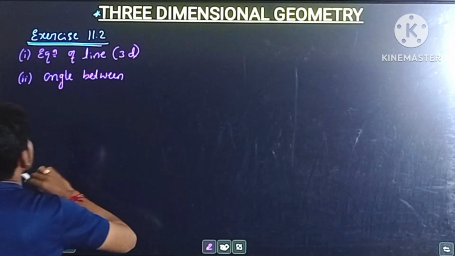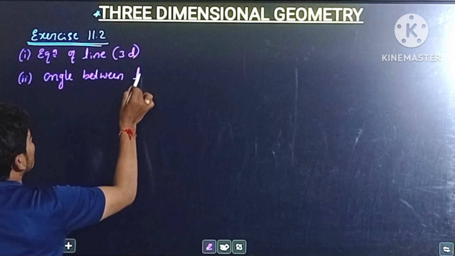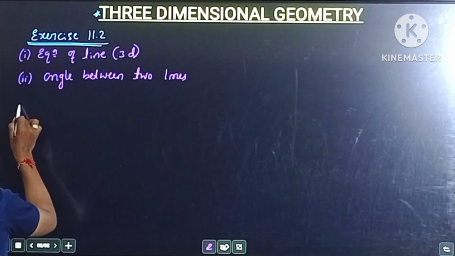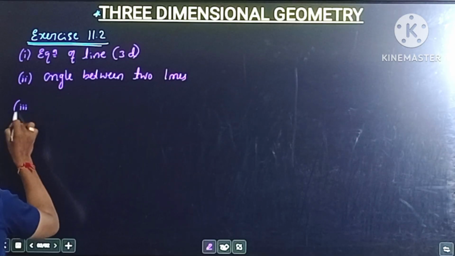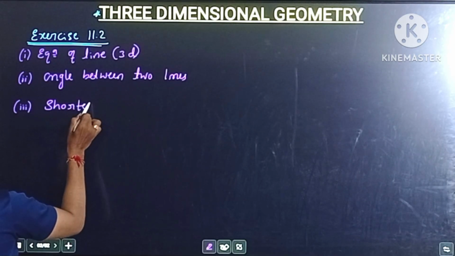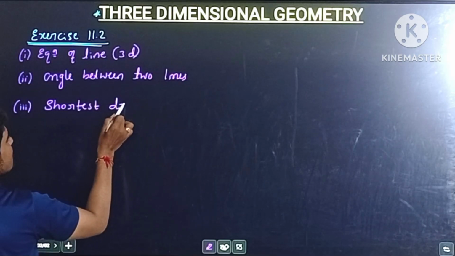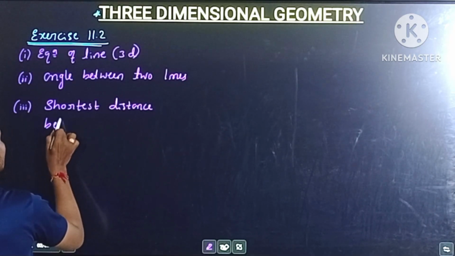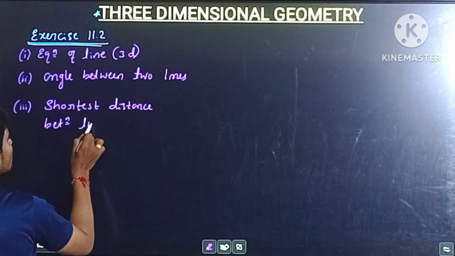So we need to study the concept of angle between two lines. And the third concept is shortest distance between two lines.